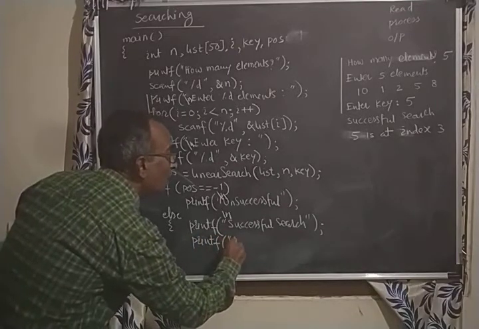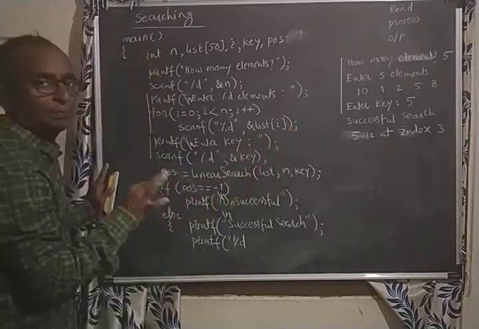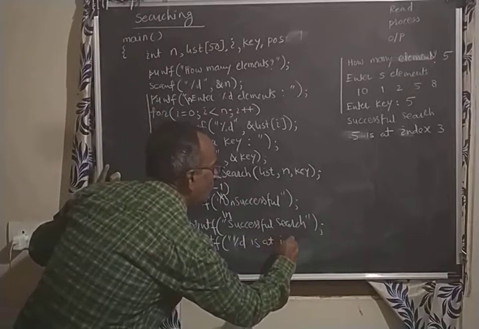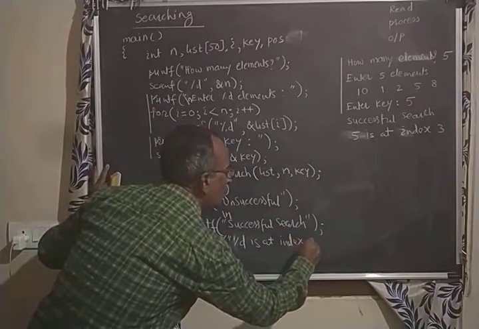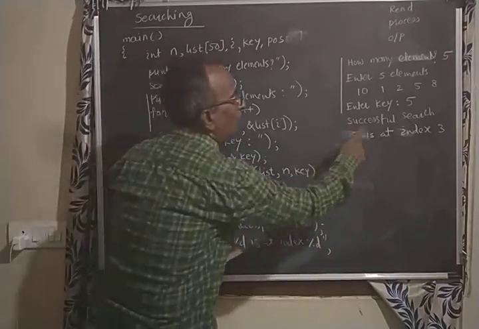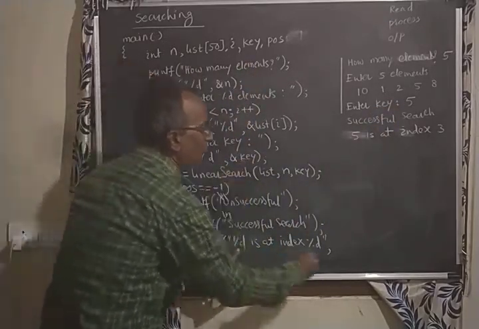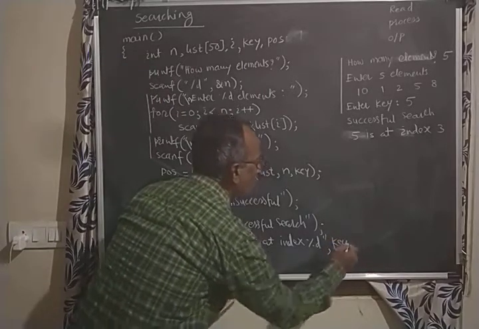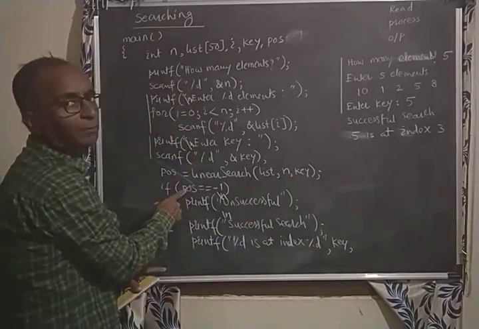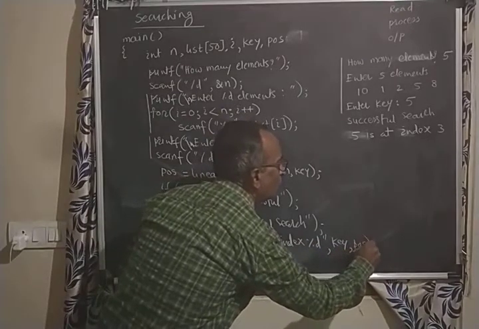Also you can write %d is at index %d. It should print the key element. Where is the key element in this main? In key. So at the first %d it should print key, and the index is given by this position. So at this it should print position.